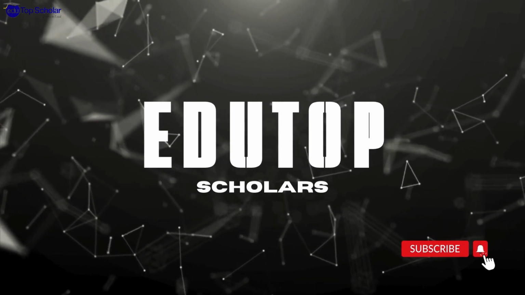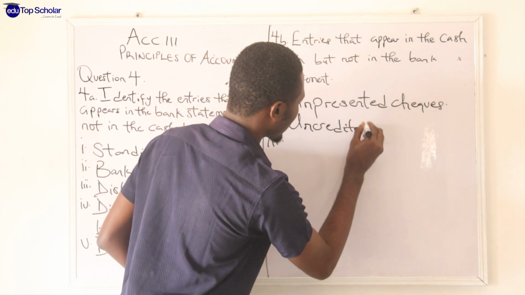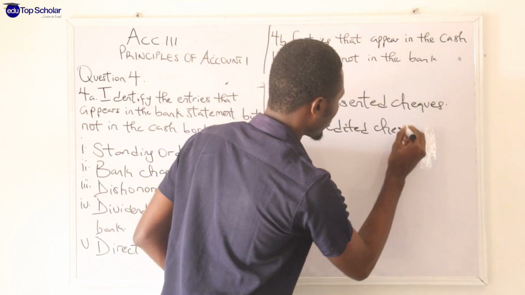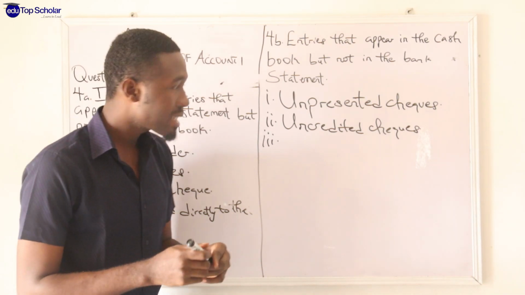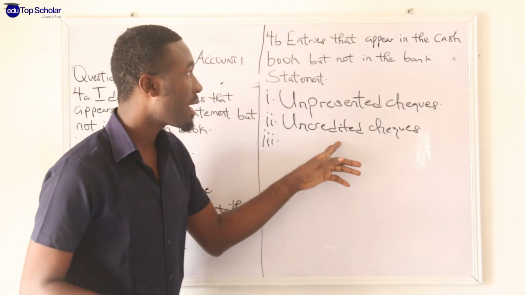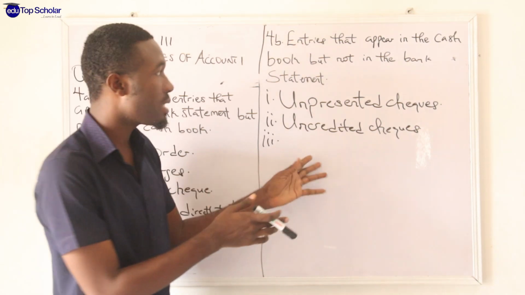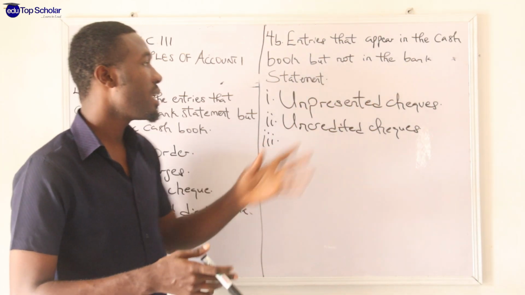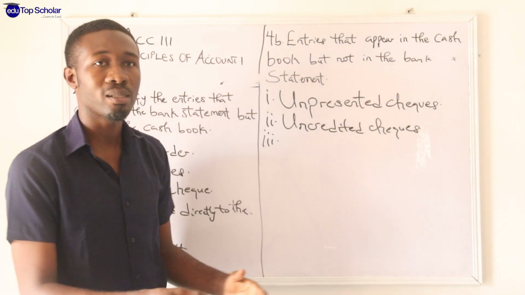The next one would be uncredited checks. It is similar to this. You have recorded the payment in your books, but the bank is yet to acknowledge it, or the bank has not yet credited the person.